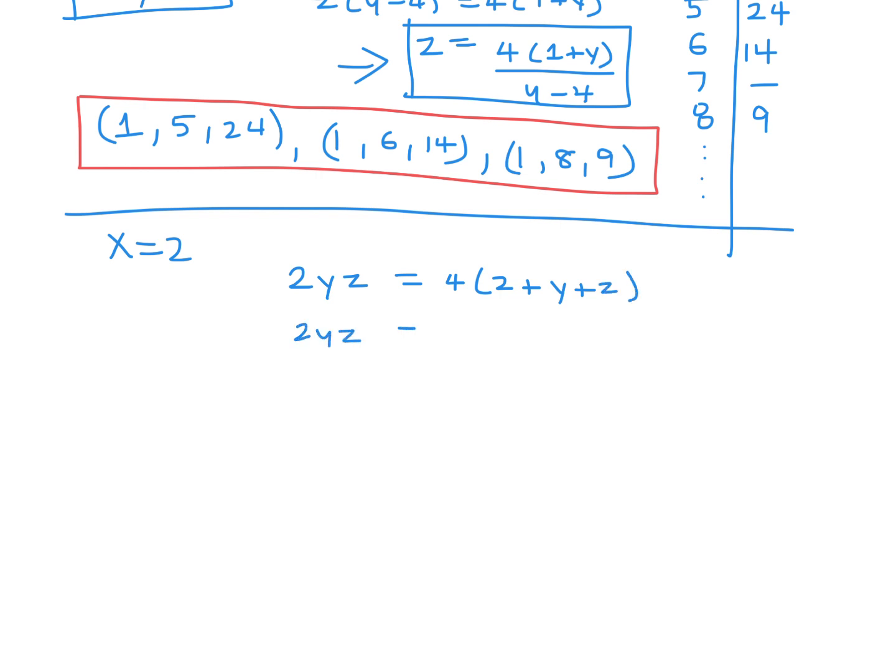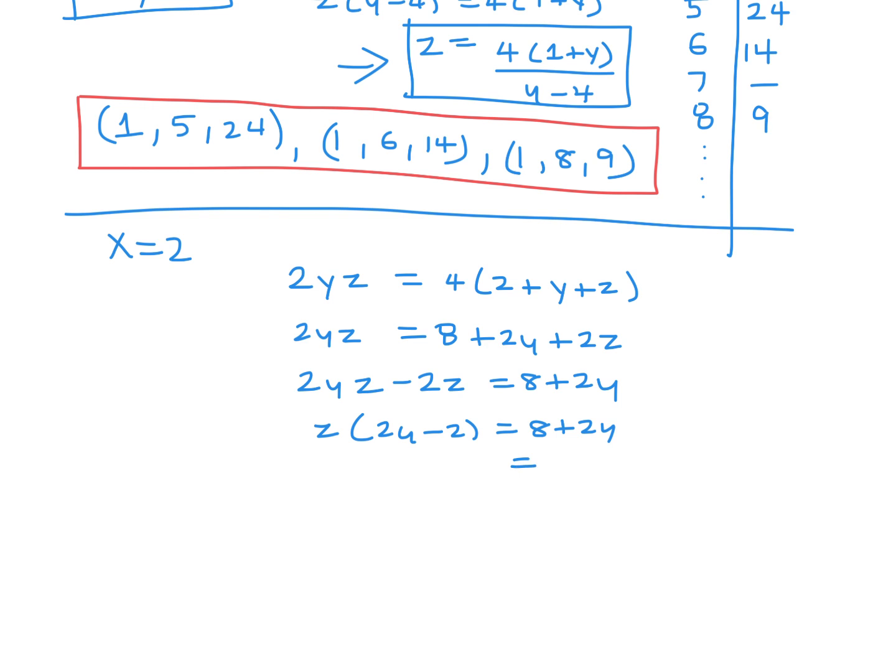We're just trying to get some sort of relationship between z and y. Very similar to what we did before. Nothing really different. So let's see here. Factor out the z: 2y minus 2.